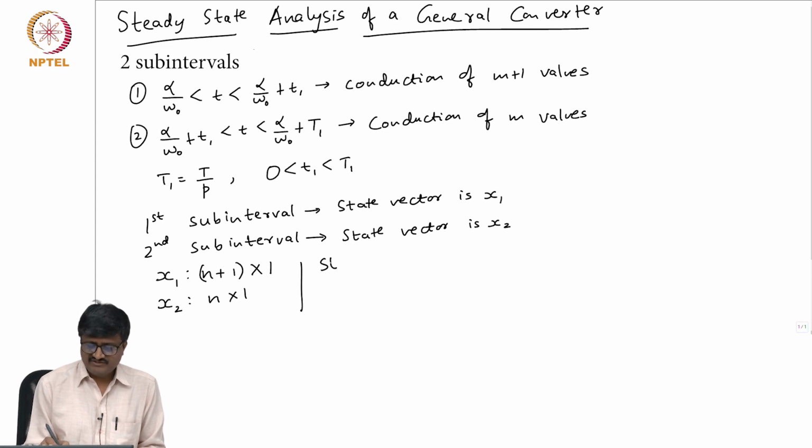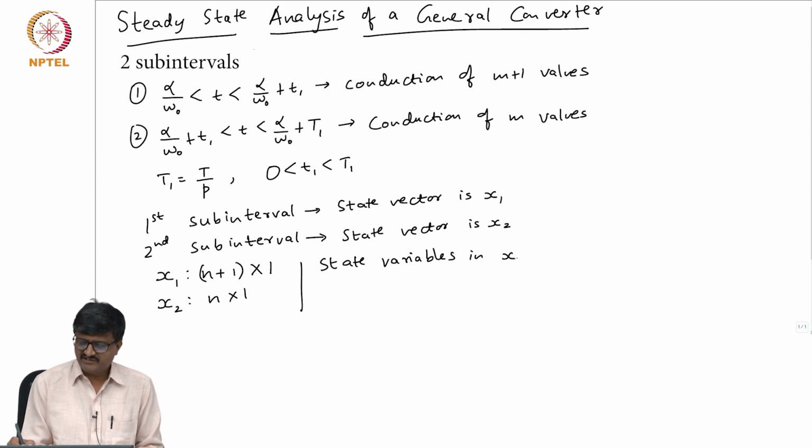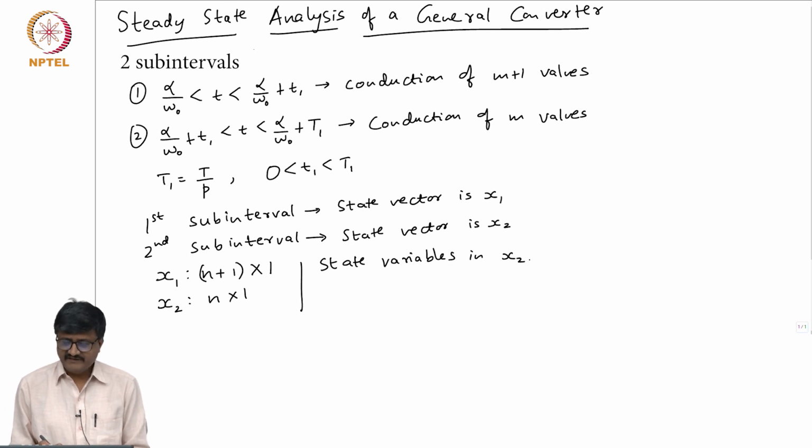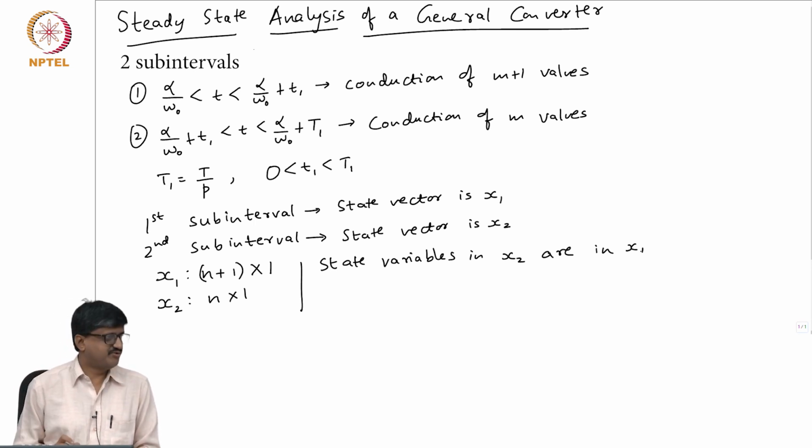So I already mentioned that the state variables in x2 are already there in x1. x2 is the state vector, so there are n number of state variables in the state vector x2. So these state variables in x2 are in x1. That means there is one state variable in x1 which is not there in x2. Okay.